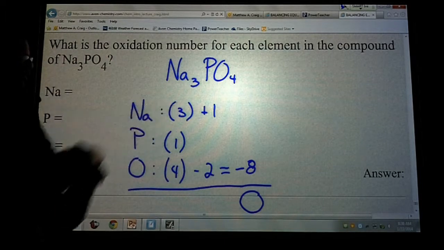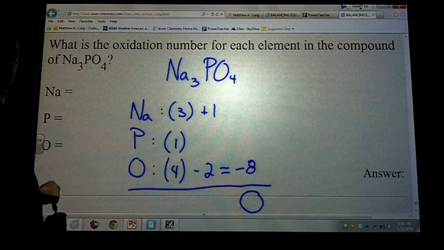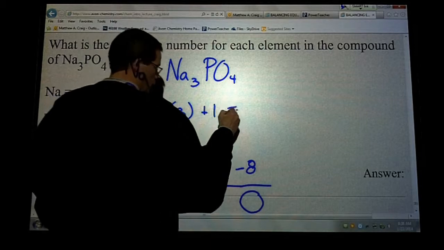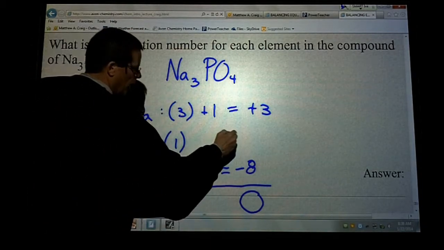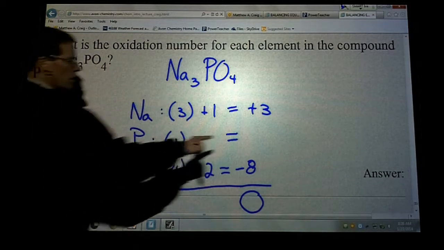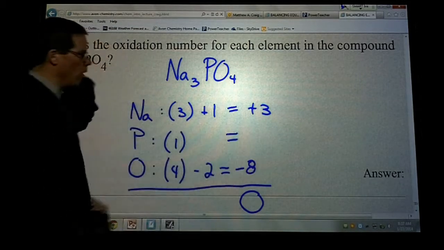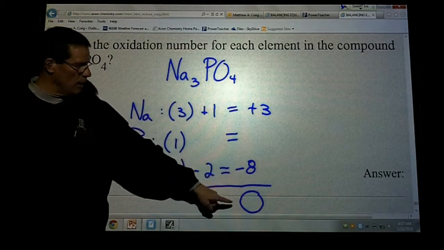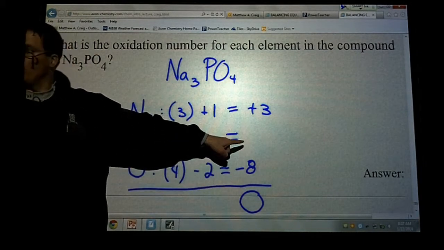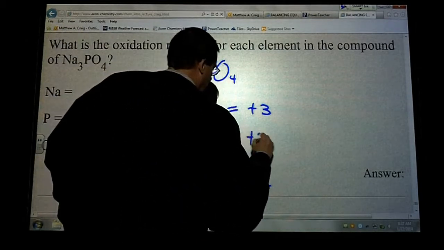And what is 3 times +1? +3. Okay, so here's the kicker. We want to find some number here that when we add it to +3 and -8, it equals 0. +5, right? So we'll put a +5 there.